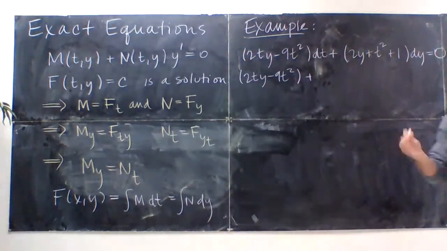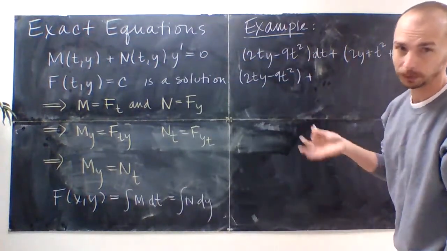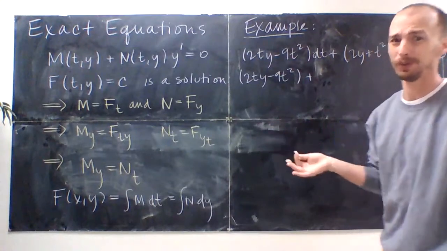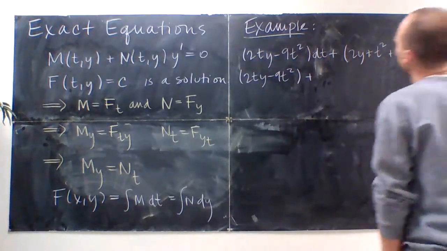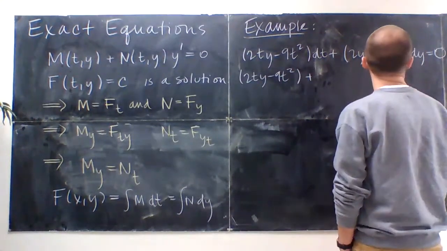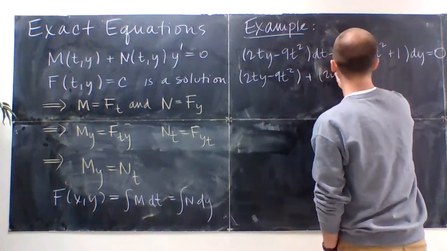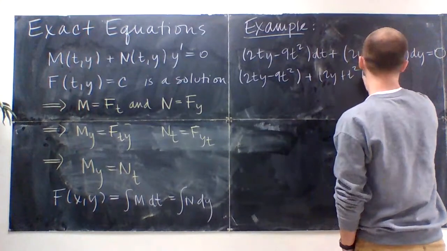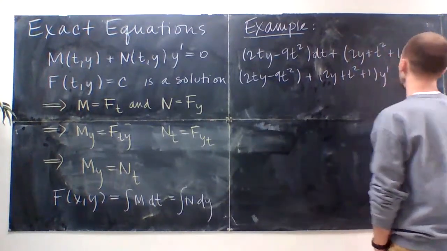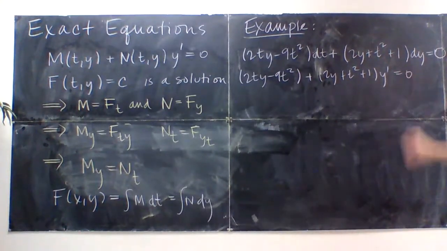Well, 0 divided by dt is going to be 0, if we can even divide both sides of an equation by dt, which I'm saying we can. So, 2y plus t squared plus 1 times dy/dt is equal to 0.